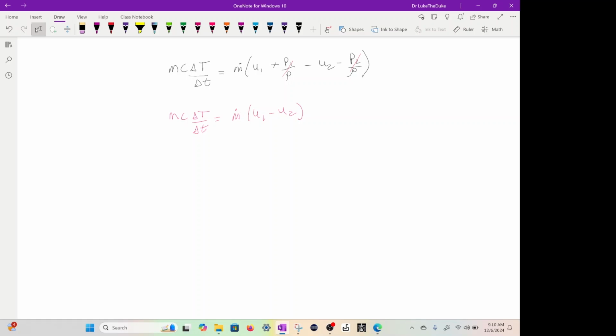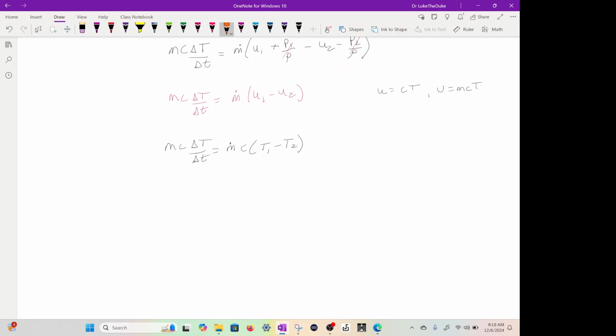No. Okay, I'm also going to put in that U equals C times T, because remember, big U is mCT. So mc delta T over delta T is m dot times C (T1 minus T2). Then we can cancel the C's, and we end up getting this.